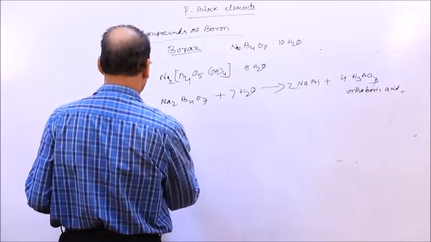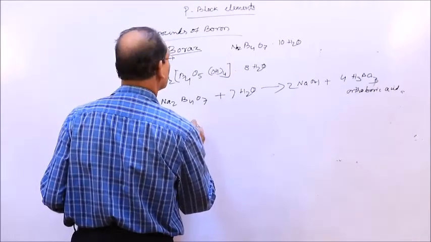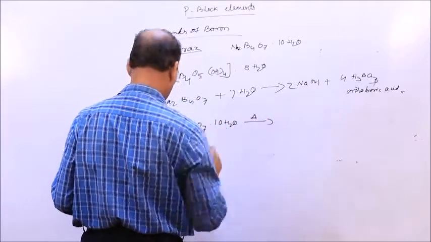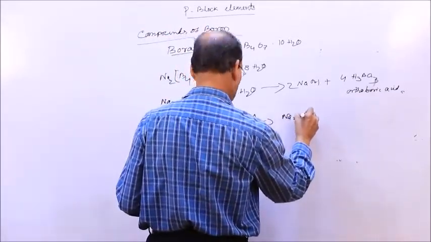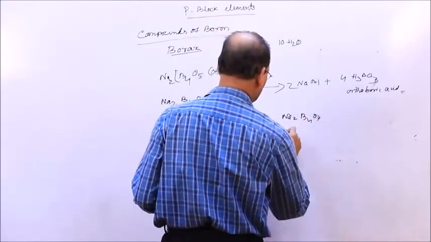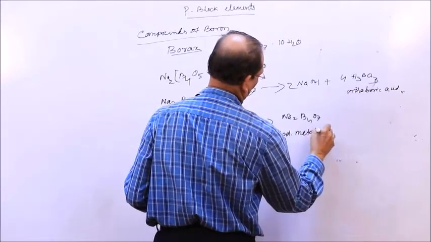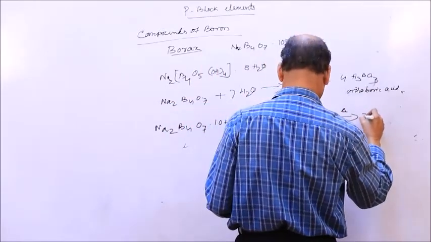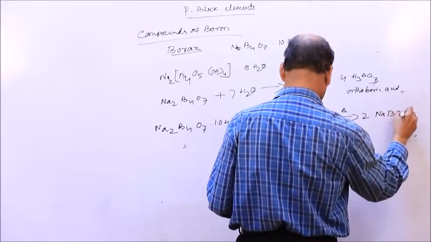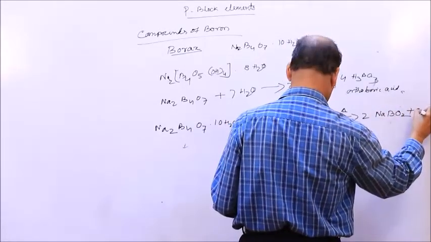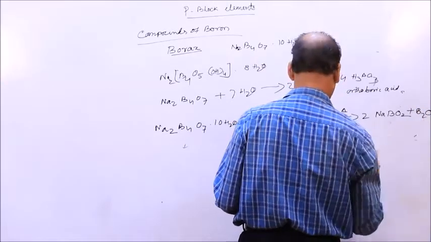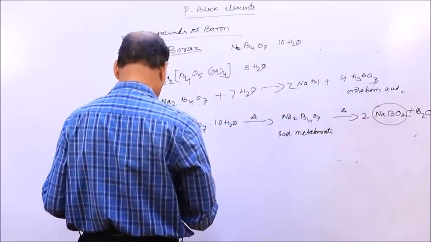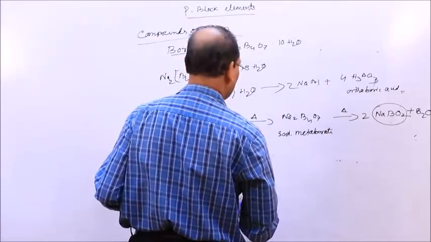So borax on heating gives sodium metaborate, and on further heating gives the liquid plus boric anhydride. This is a glass-type liquid which solidifies into a glass material and gives a bead.